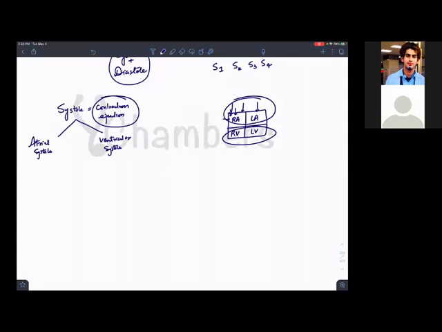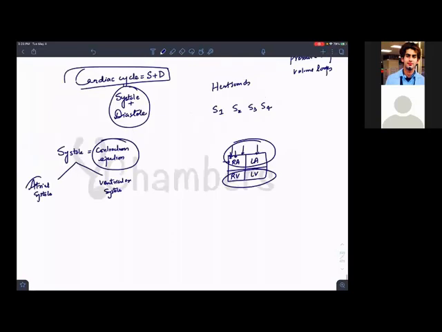Fine. When is the blood pressure going to be high out of these two? Blood pressure is going to be high during the systolic phase. What is important about the systolic phase? The blood pressure is going to be highest. I'm not saying high, highest. That's why this blood pressure is also known as systolic blood pressure, SBP.